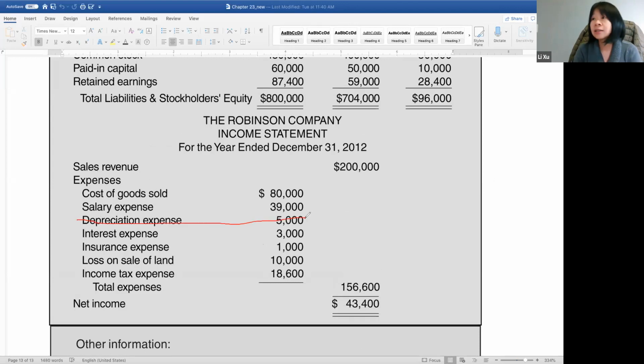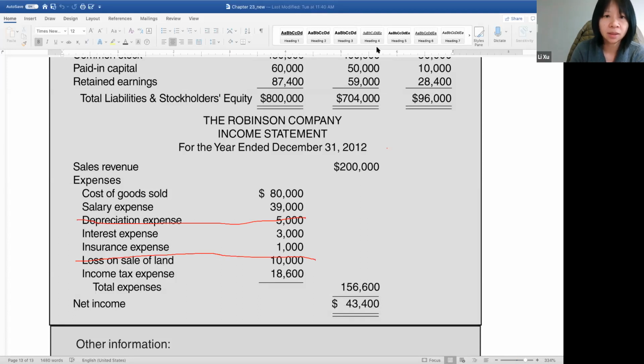I know I don't need to consider this, okay? Same thing here, interest expense, yes. Insurance expense, yes. Loss on land, out, okay. So I look at the rest of items. I know every single item has to be somehow presented on the statement of cash flow when I use the direct method. Now let's switch back to the Excel.